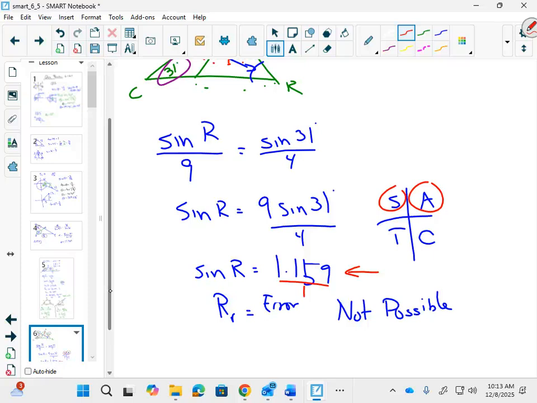That should bother you, because the hypotenuse is always the longest side. So anytime with sine or cosine, if you get something bigger than 1, it'll always be not possible when you go to your calculator.